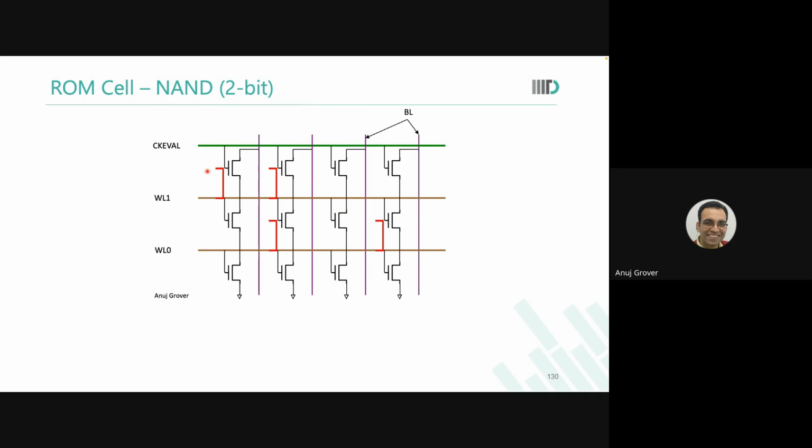You program by shorting across a transistor. But what this means is that unlike in a NOR cell where wordline selection meant wordline will go high, in a NAND cell, the word that you want to read, for that, the word line will remain low.